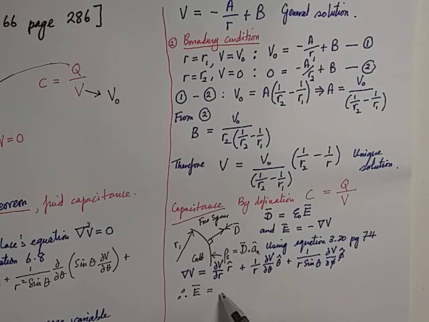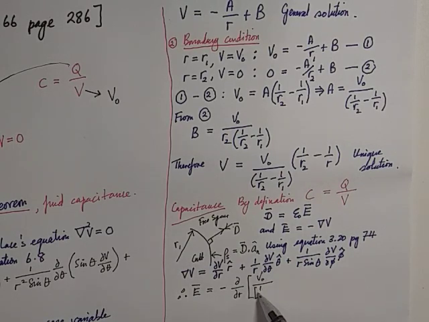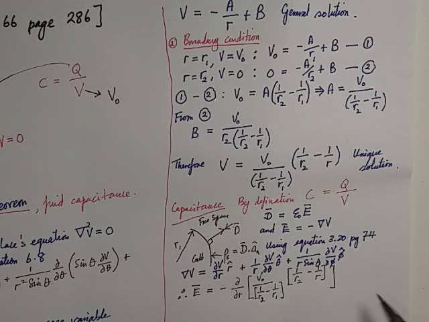So I'm going to say now, negative d over dr of V naught, 1 over R1 plus, sorry, R2 over R1, and then 1 over R2 minus 1 over R. What should be our solution then?